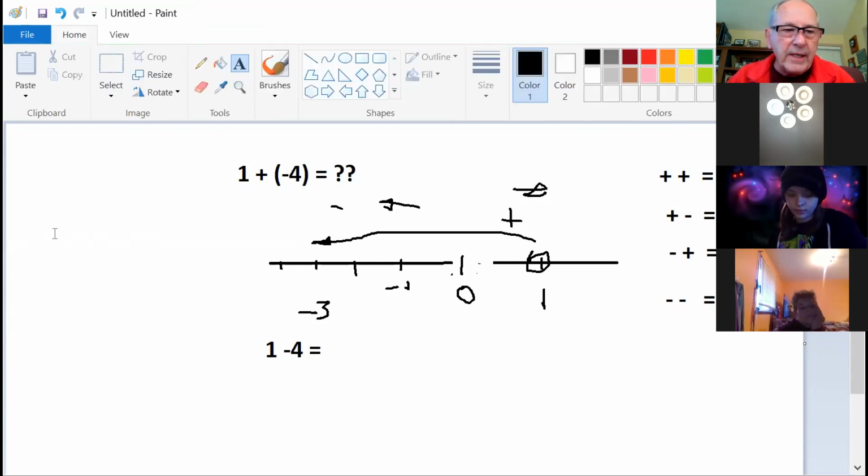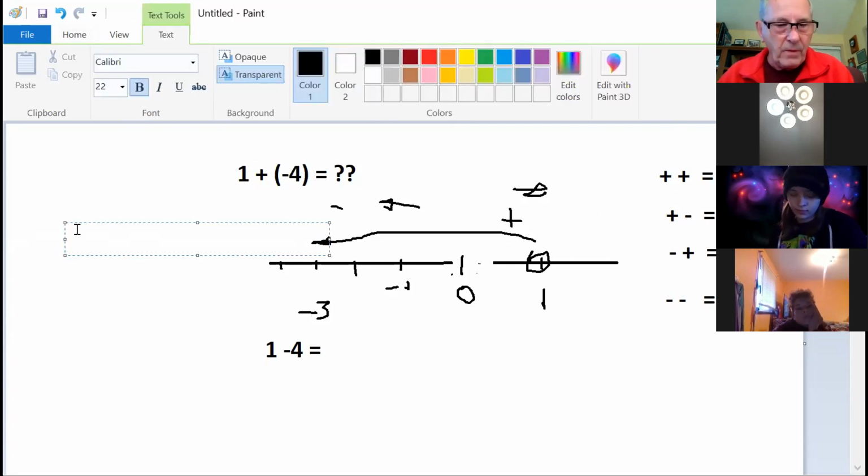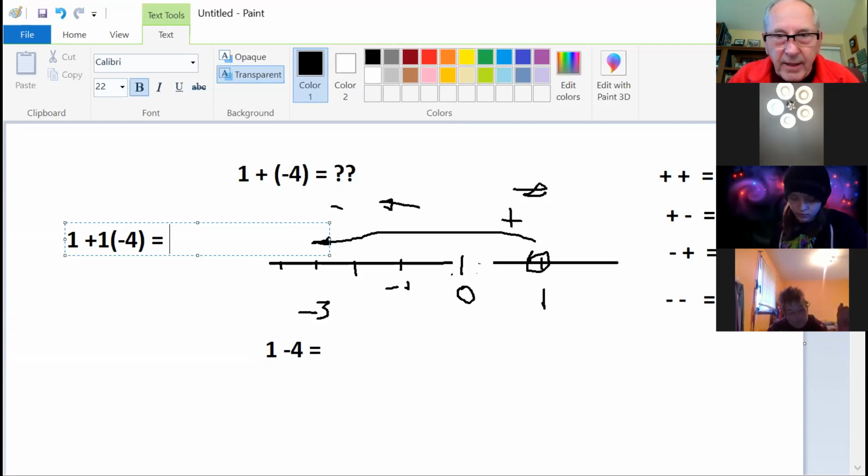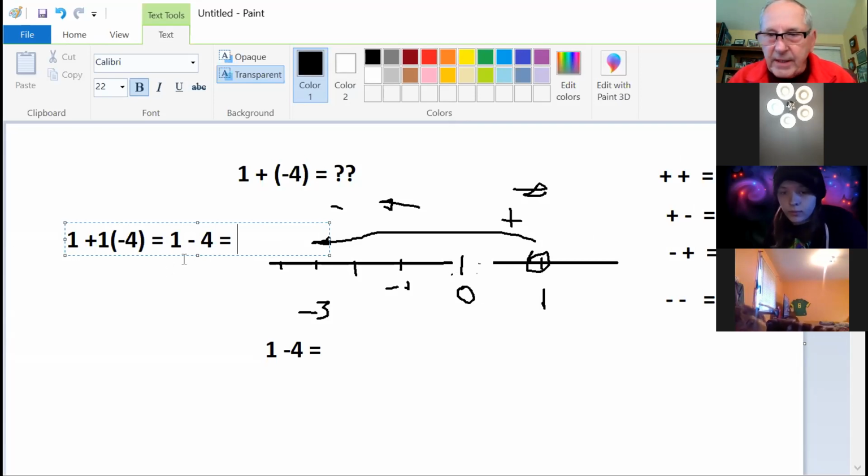Because really this thing is the same thing as saying 1 plus 1 times -4, right? So this is a positive 1 times a negative. So it fits in this category right down here. It's negative. So this is going to be equal to like this, right? Because we just use this rule over here on the right-hand side to say what a positive times a negative is. It's a negative. That makes sense?